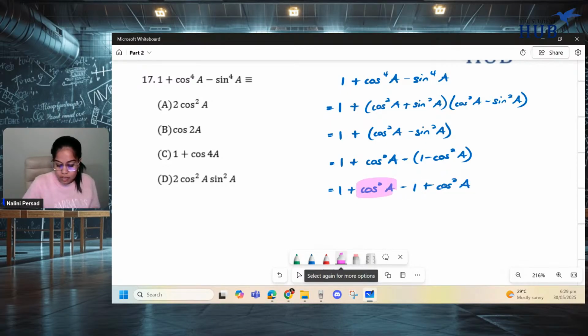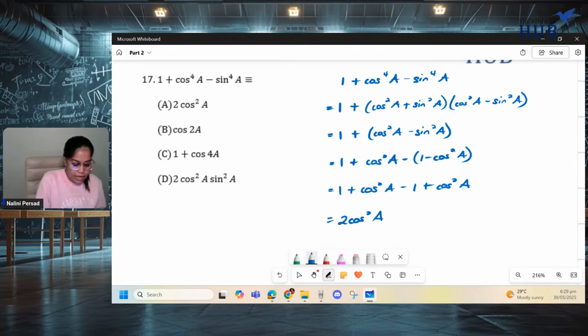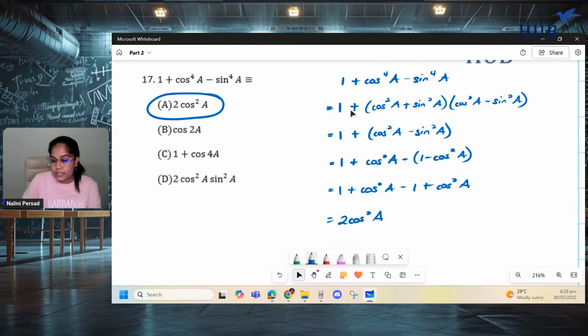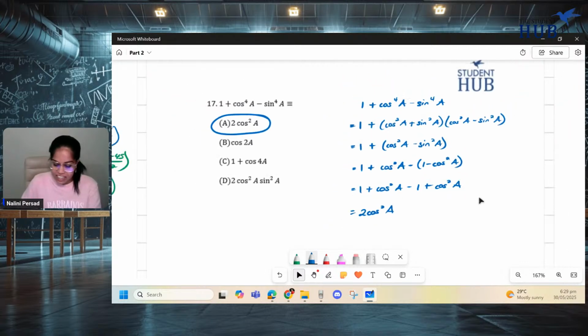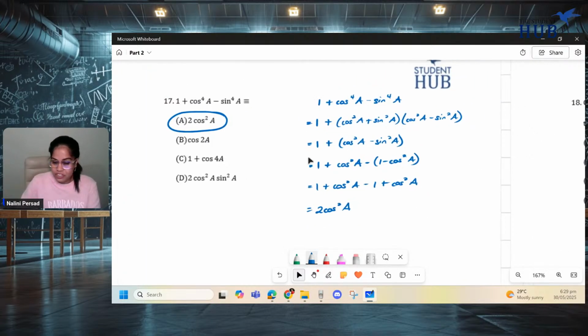Cos squared plus cos squared is equal to 2 cos squared A. Answer choice A. So the technique is to recognize that this here was a difference of 2 squares, substitutions, expanding, working it out. So you all know how proven trig identities go.